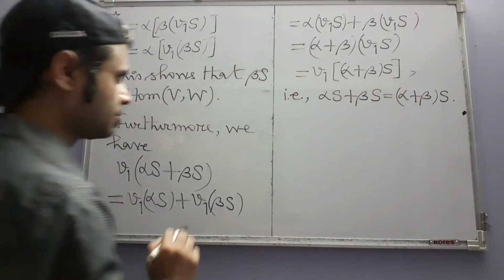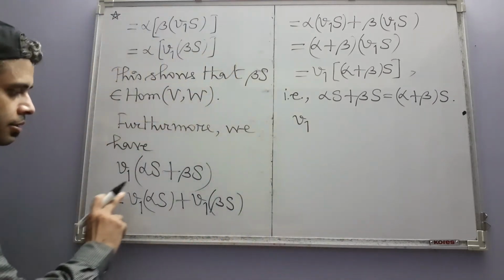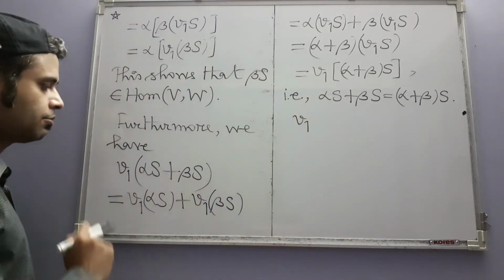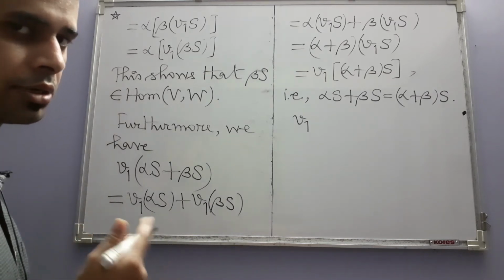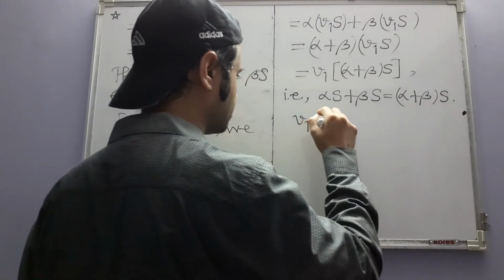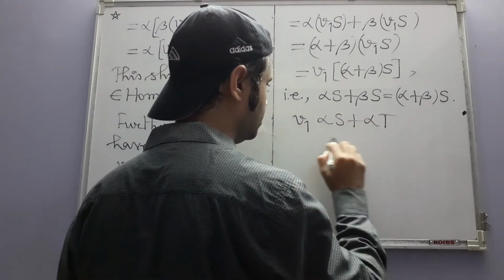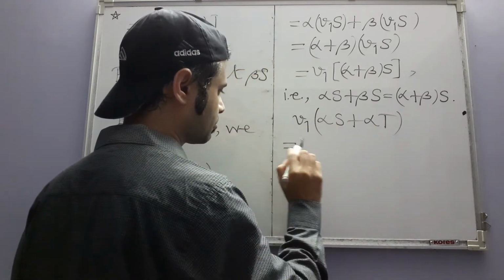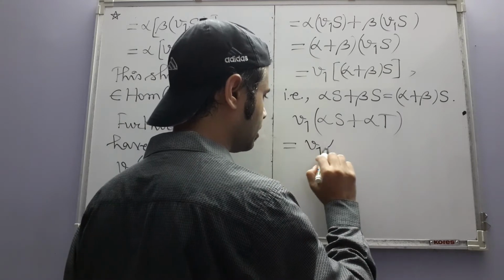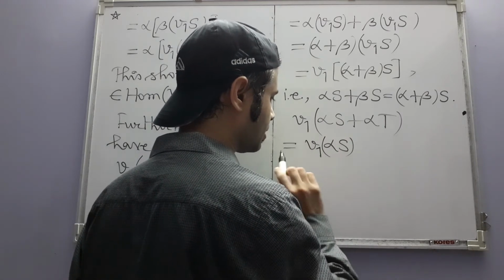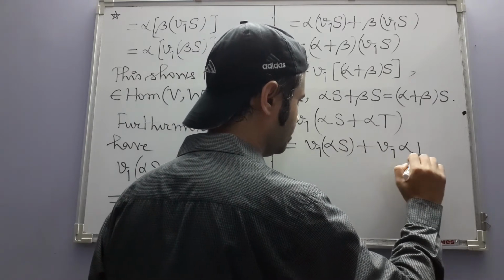This is one thing. Then in the next calculation we are going to change the function but keep the scalar, we are going to take a single scalar but two possibly different functions. So alpha s plus alpha t. Similarly, going through all the things, first we have the alpha s image of v1 plus the alpha t image of v1.